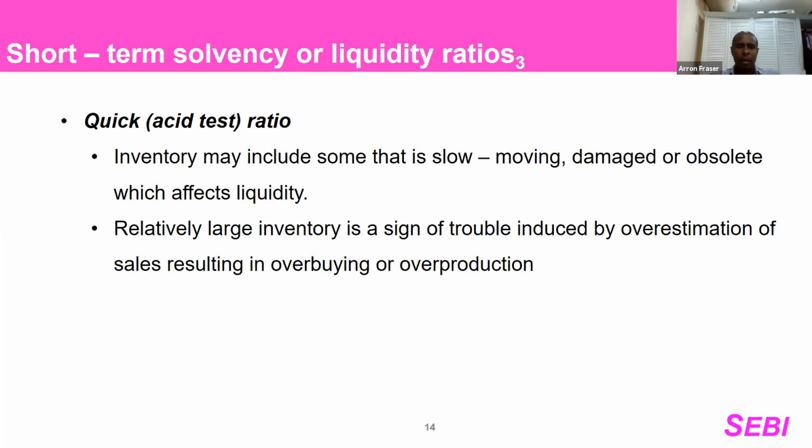A relatively large inventory is a sign of trouble, which is induced by overestimation of sales, which could result in overbuying or overproduction, right? So although, as we did in the current ratio, we include inventory to make you look good in terms of the relationship with current liabilities, having large inventory is also a signal of things that are not good, right?